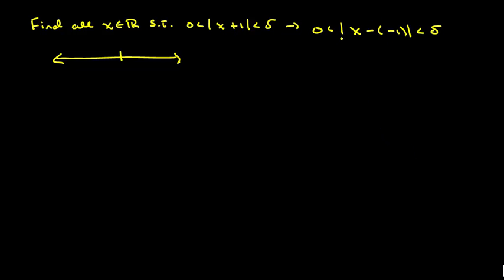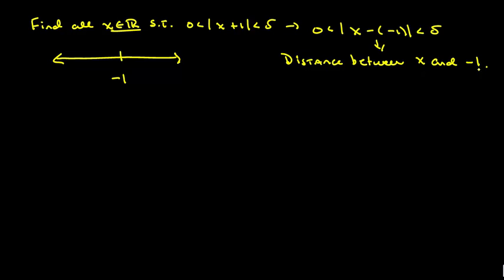So what we're looking for here, this middle expression says we're discussing the distance between a real number x, over here, and another real number, negative 1, which is right here. Now x has got to fall somewhere around negative 1, because we're looking for the distance.